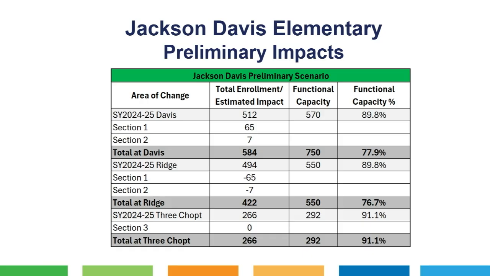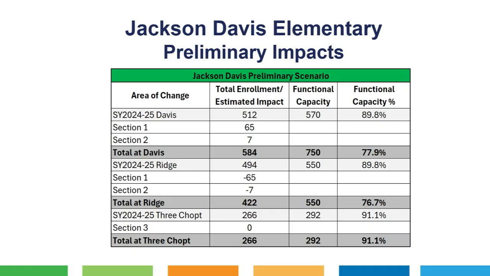This chart shows the potential enrollment impacts for both Jackson Davis and Ridge Elementary schools, and the balanced enrollment that results from the proposal. In this scenario, Jackson Davis will gain roughly 72 students, and Ridge will lose those 72. The estimated enrollment at Jackson Davis is 584 students at 77%.